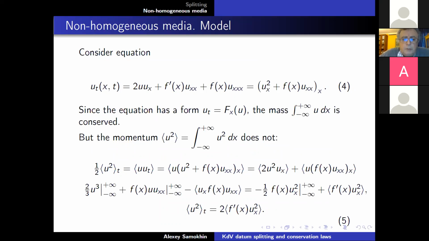Here we can see the rate of decay of the momentum, and it is a simple formula. You can see that momentum is maybe increasing or decreasing with respect to the sign of the derivative.